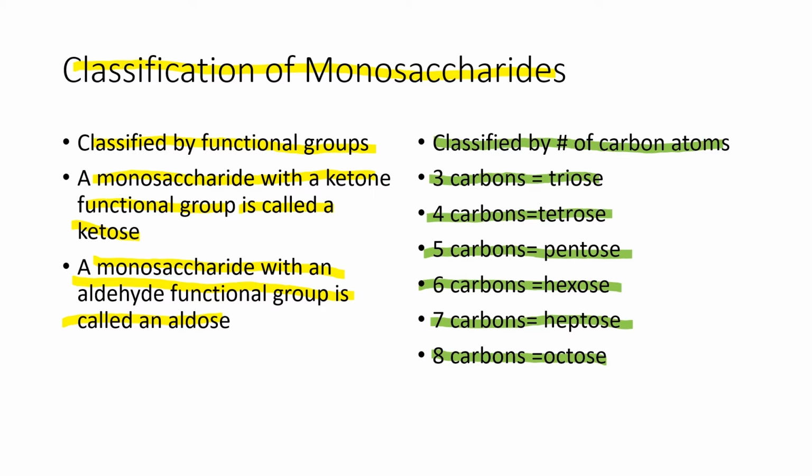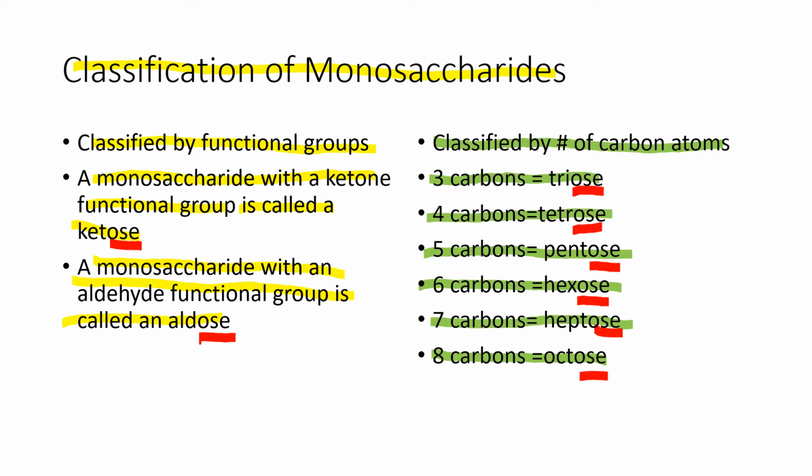What you see in terms of the ending for all of these is the ose ending. Aldose, ketose, octose, heptose, hexose, pentose, tetrose, triose. Ose signifies that you're dealing with a monosaccharide usually. Think about some of the simple sugars you're aware of: glucose, fructose, sucrose, lactose.